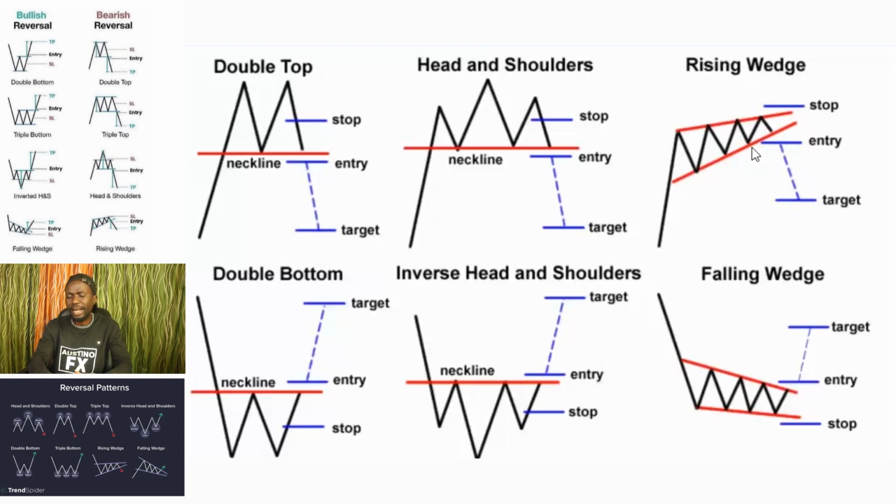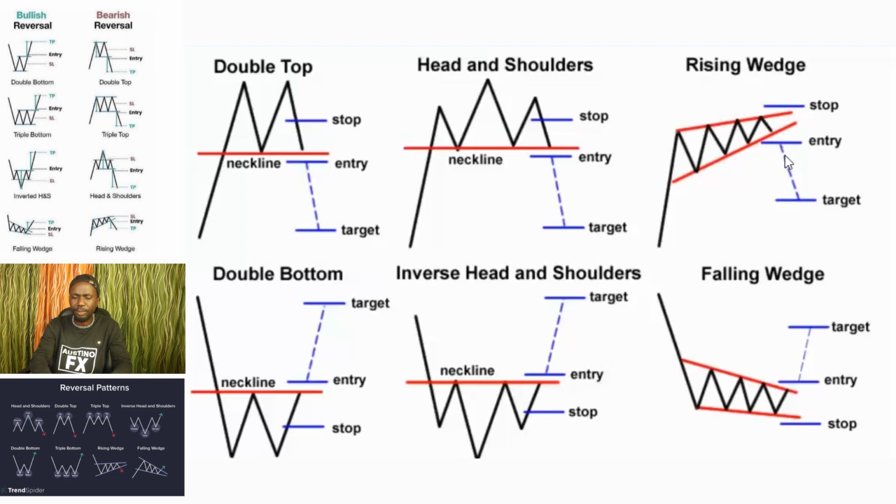So for you to be able to identify a rising wedge, you should identify them at the resistance level after an uptrend. When the market is in an uptrend and then gets to a resistance level and begins to do what? Consolidate in an upward move. So you use a trend line to connect the highs and the lows, then you wait for a breakout below the trend line.